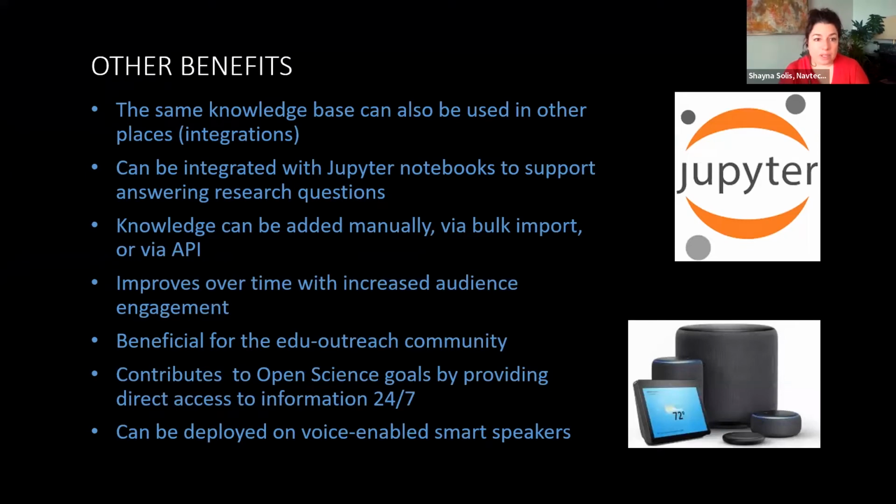Some of the other benefits we've talked a little bit about, certainly the Jupyter Notebook support, being able to bring in that information through bulk import or API is huge in terms of an automation value proposition. We also see that with machine learning, things improve over time. So as the audience engagement increases, the bot gets better, it gets smarter, and you see that reflected in the answers.